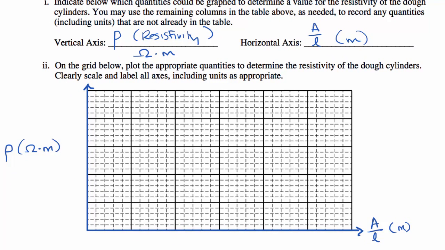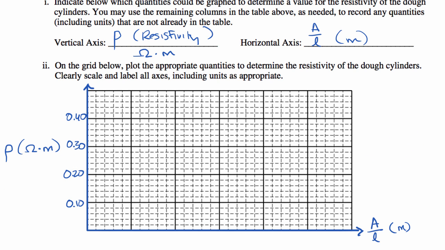So we could have a reasonable scale here. We have 1, 2, 3, 4, 5. So we could say this is 10 hundredths, which is the same thing as 1/10. This is 20 hundredths. This is 30 hundredths. And this is 40 hundredths for our rho scale.